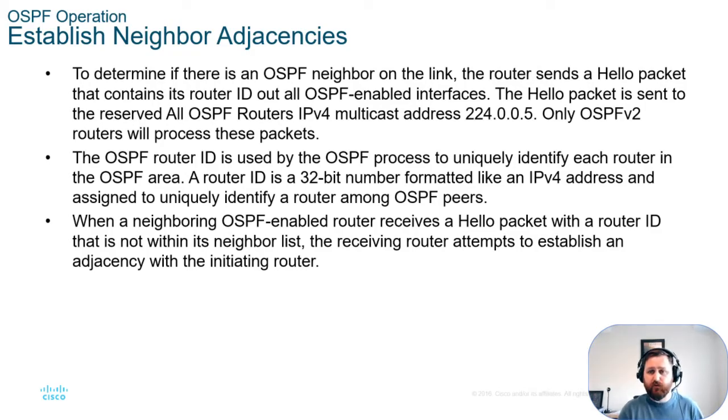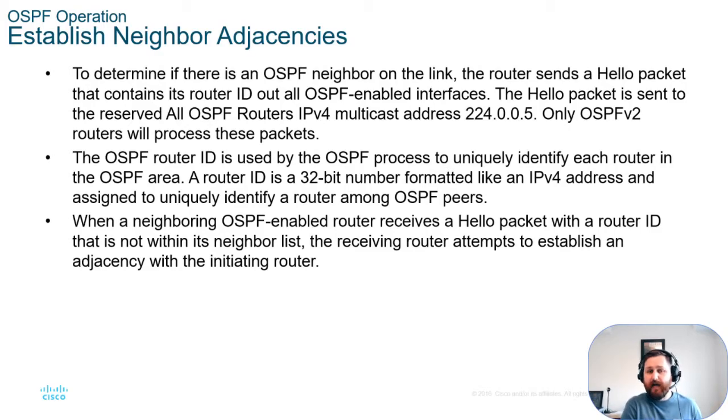So it will go off of an election process in order to determine its router ID. It will start by trying to go, okay, do I have one manually set? And if the answer is no, then it goes to its next best option, which is, okay, well, do I have an IP address set on a loopback interface, so like a testing interface?